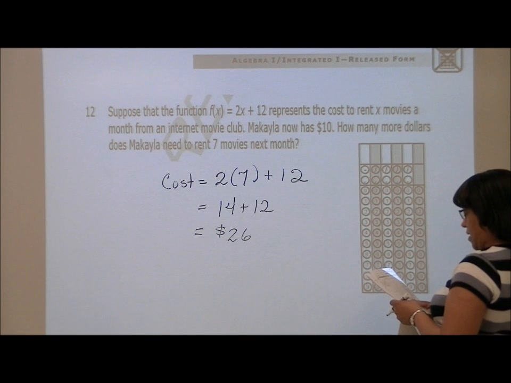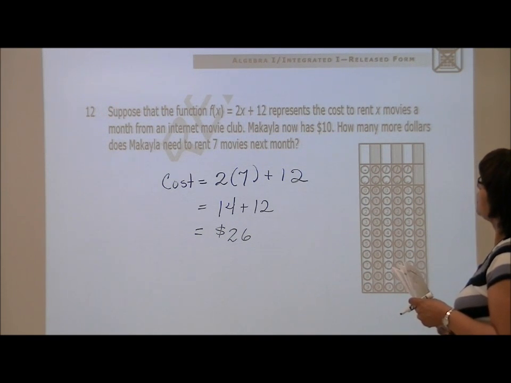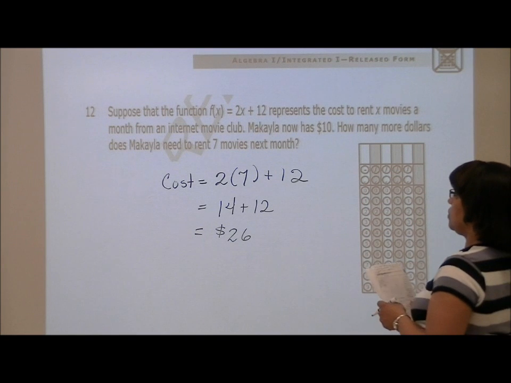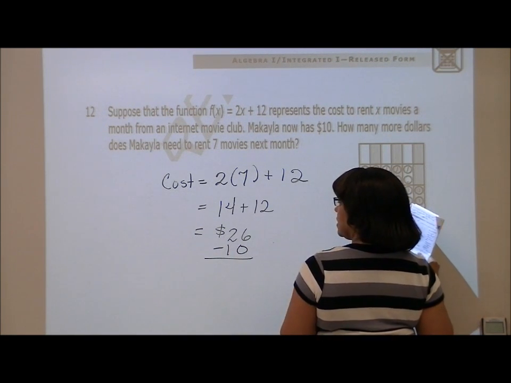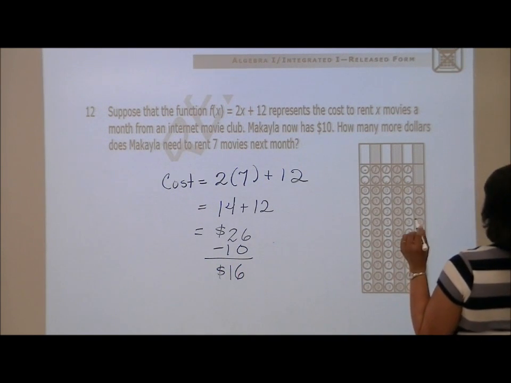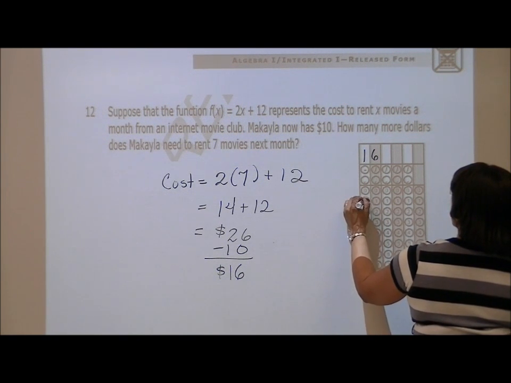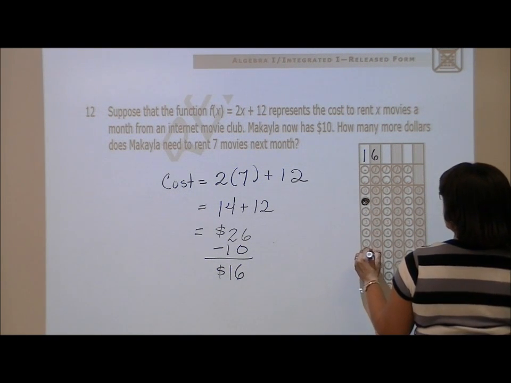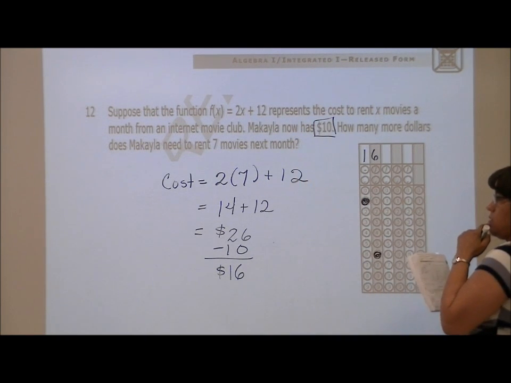How much does she have? $10. So what you would do is you would do 26 minus 10. So she needs 16 more dollars. So your answer is 16. Bubble it in. And this is what right here, she has $10.